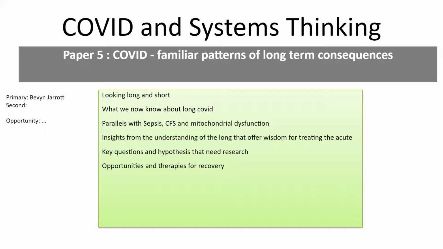Basically, it all goes back to what happened with the first SARS-CoV-1, which didn't reach a pandemic stage. But there was a very good study done in Canada of 21 healthcare workers in hospital who caught it. Every one of them came down with a long-lasting chronic fatigue syndrome that lasted for over a year.